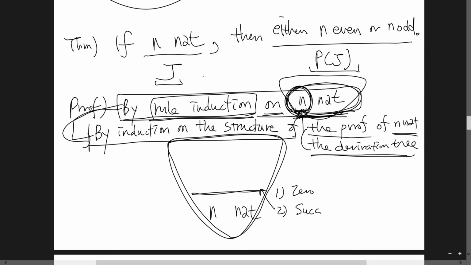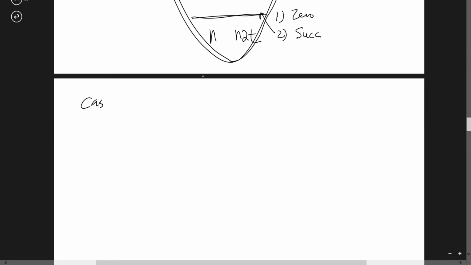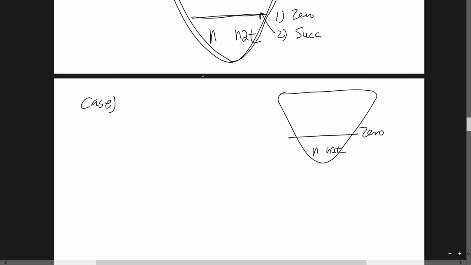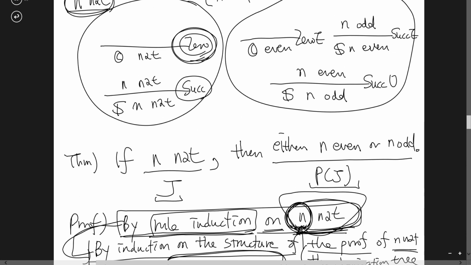So we are going to have two cases. So the first case is the case where the last inference rule in this derivation tree is the application of the rule 0. So now you compare this derivation tree against this inference rule.